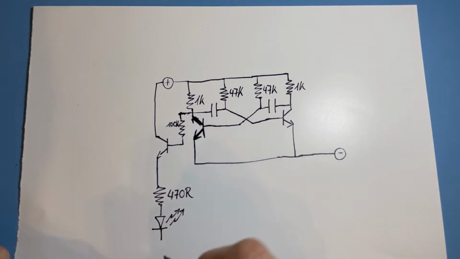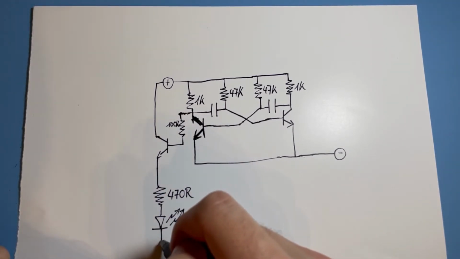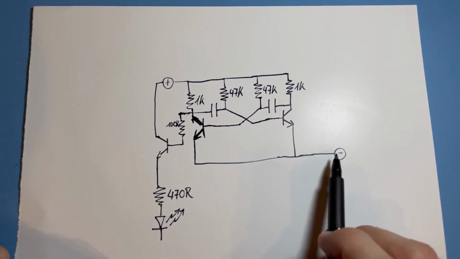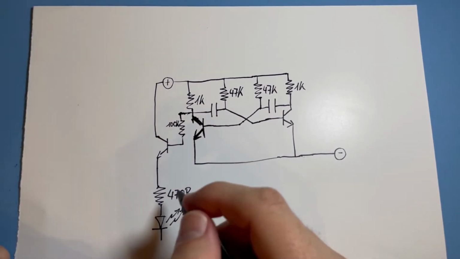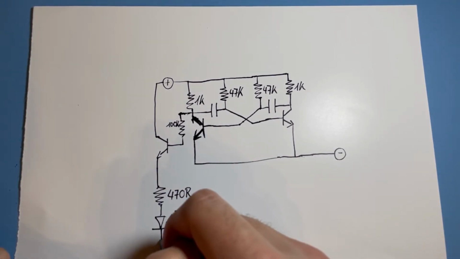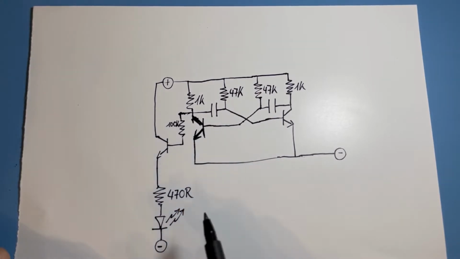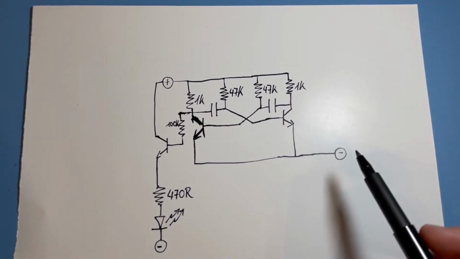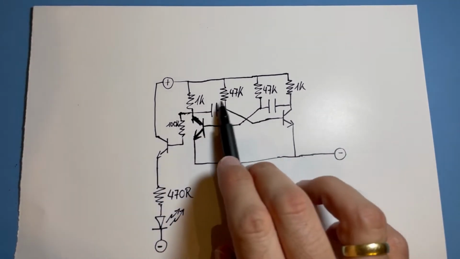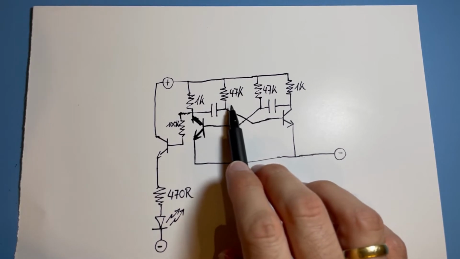And of course this LED has to go back to the negative terminal, and we just draw it like a second minus here. Let's just imagine these two are connected together, just two minus terminals. Okay, so let's first look at this interesting situation.